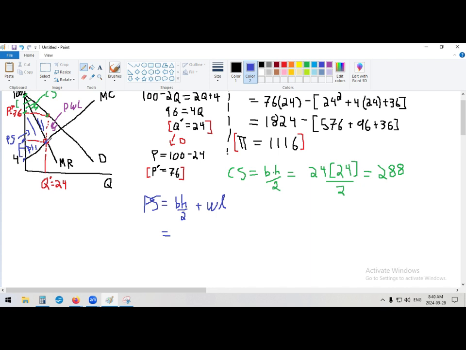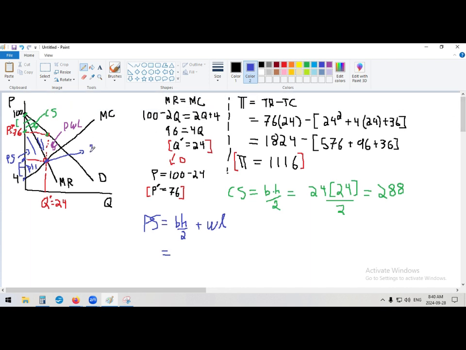So if we go over and say, okay, this is this point here, we have 24 at marginal cost, or marginal revenue, doesn't matter which one we use. So if we plug in 24 into marginal cost, which is 2Q plus 4, here we'll say, okay, that's going to be 48 plus 4, that's going to be 52.